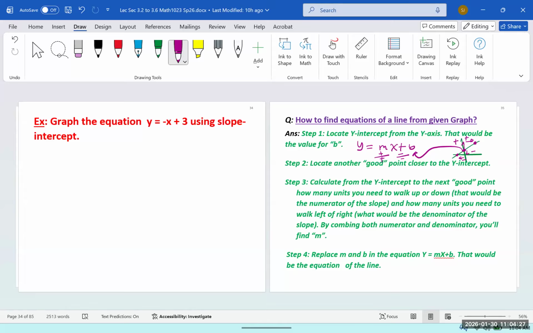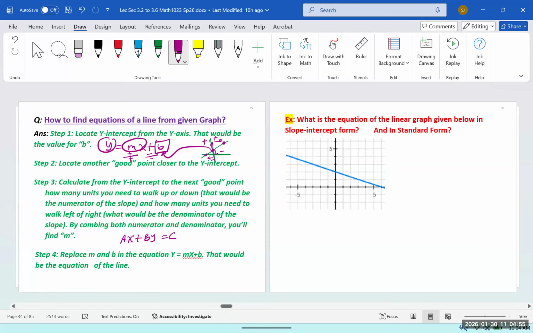And then sometimes they ask to write the equation in standard form. Standard form means ax plus by equals c. That means you're going to bring your x and y on one side of the equation, and your constant will be alone on the other side.